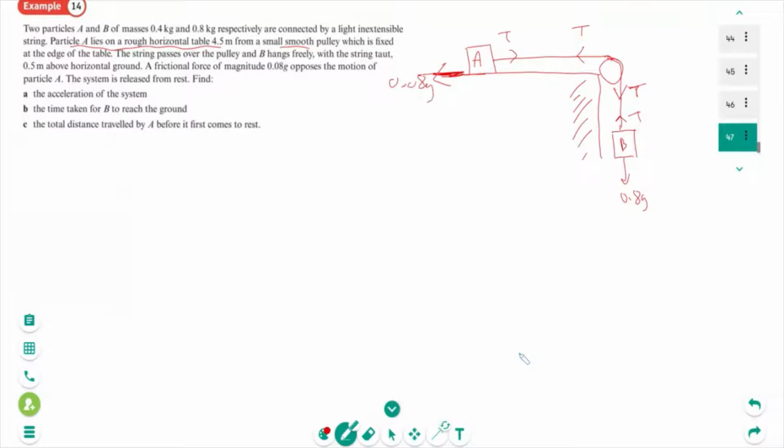That is a frictional force. It makes sense because it's a rough table. And you're told the system is released from rest. Hopefully you can see that it has to move to the right. So this is going to move down with unknown acceleration, and this is going to move to the right with the same acceleration. So they're connected.